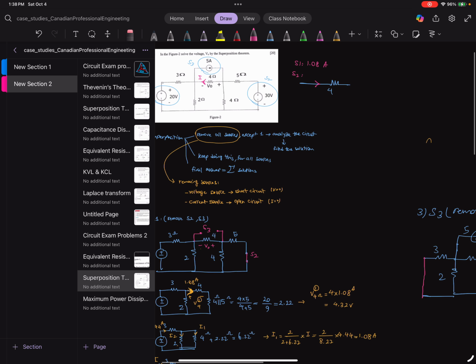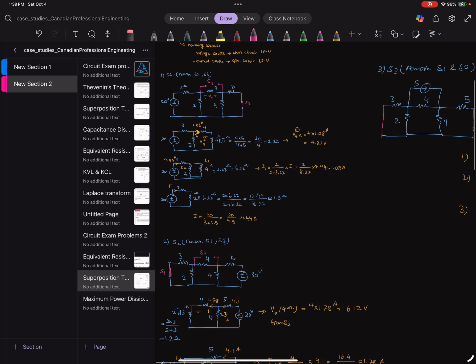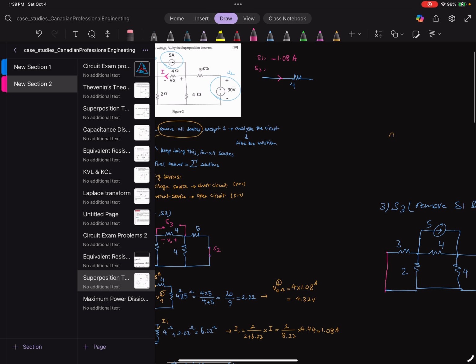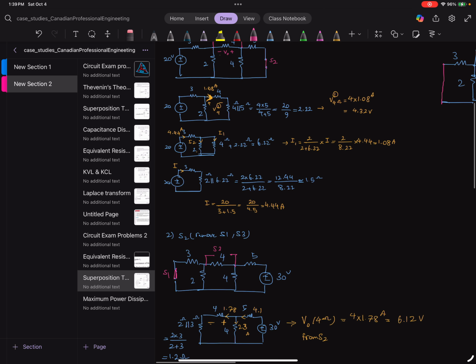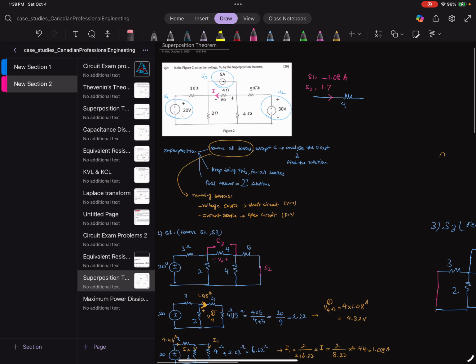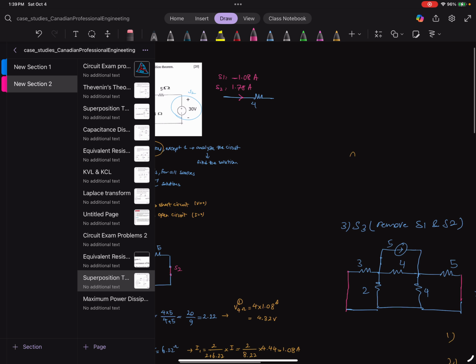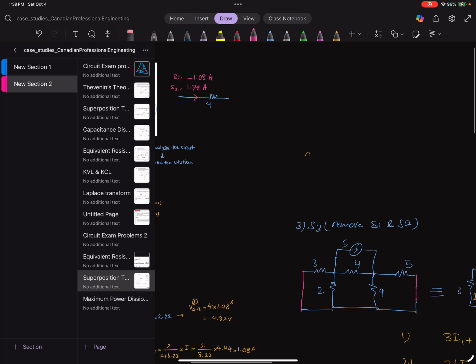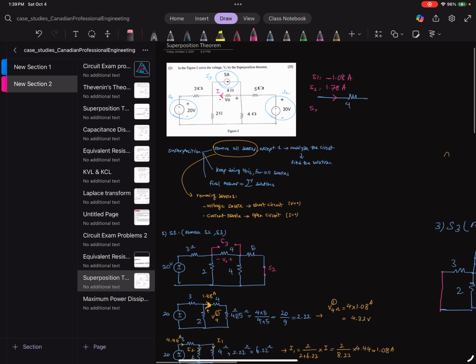So S1, we calculated to be in this direction, so it's going to be minus 1.08 amp. S2, 1.78, I think. It was the right direction. Let's look at it. We had 1.78 in the other direction, so 1.78 amp. Then we had another 2.7 in the other direction from S3, 2.7 amp.